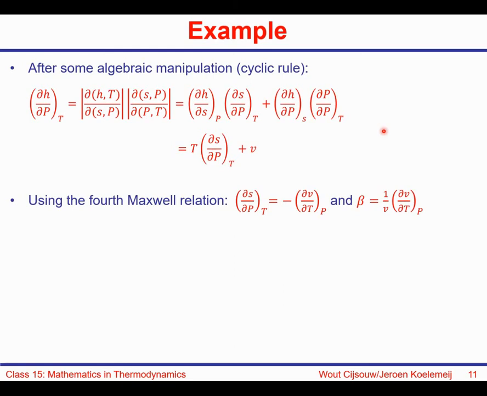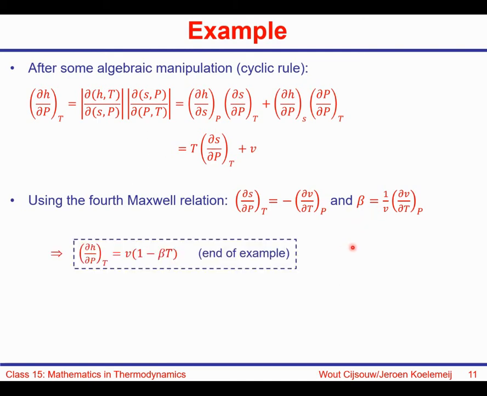Now we're going to apply the Maxwell relations. We're going to apply the fourth Maxwell relation to convert this partial derivative into this one. And in this one, we recognize the thermal expansion coefficient beta. And when we insert this into the expression, then this partial derivative here turns out to be totally expressible in terms of quantities that can be easily measured.